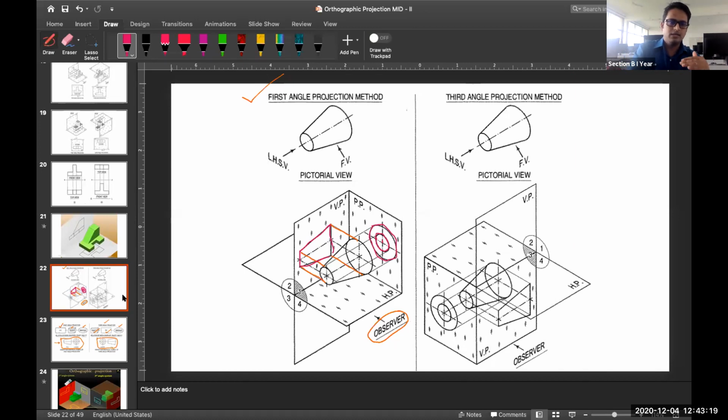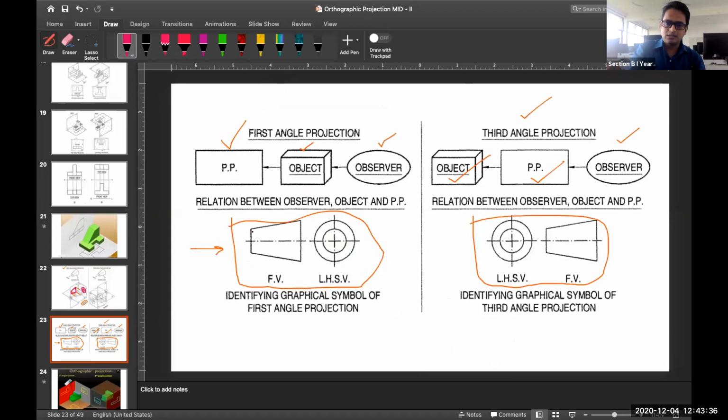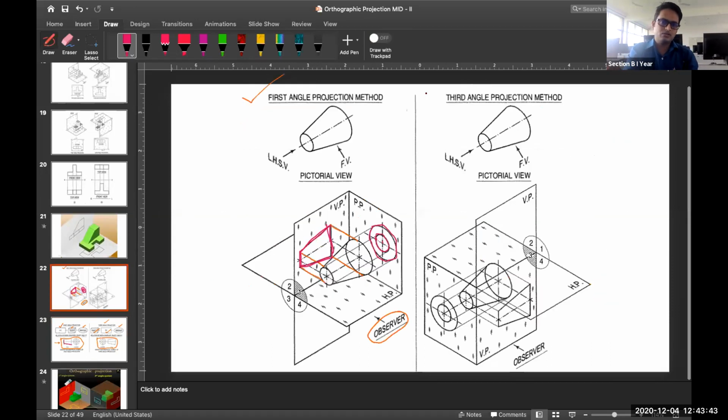What you have seen in the next slide, this cut portion, for first angle projection, is coming to your left hand side and this circle will be on your right hand side. So this portion is on your left hand side and this circle is on your right hand side.